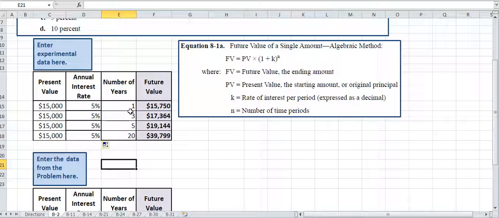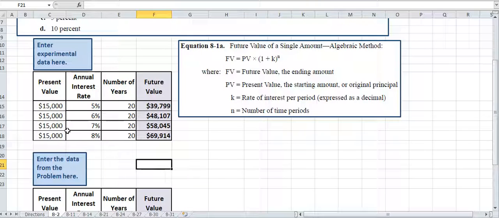Now let's compare and say we're going to start off with the same amount of money here, and we're going to keep it in for 20 years, so let's put 20 in for all of these, but with different rates of return. And you can just see that the higher your rate of return, the more money you're going to have at the end of the same number of years. So there are 3 ways you can end up with more money.